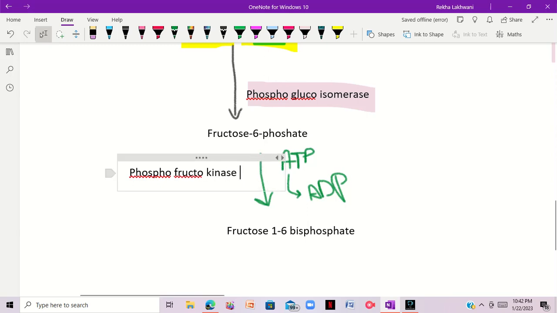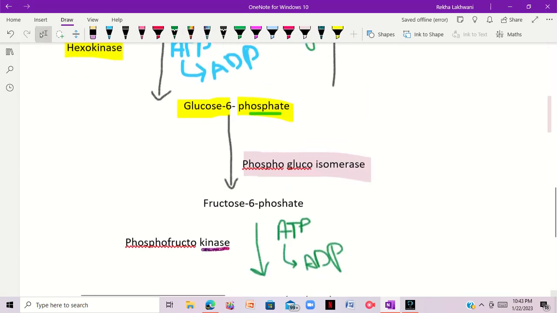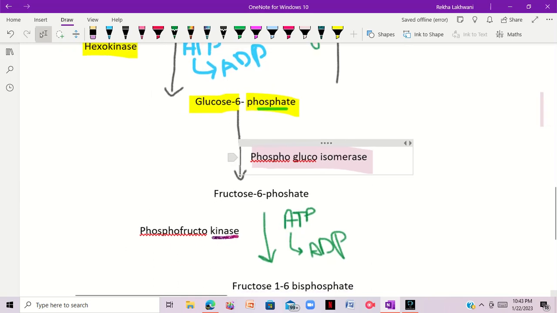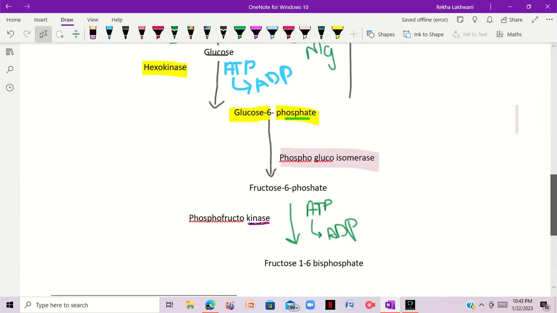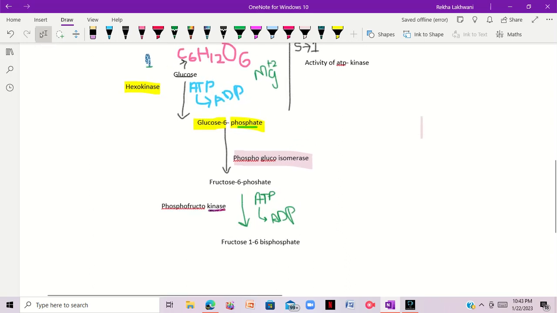As I said, when there is an activity of ATP, we use the word kinase, right? So now this fructose 6-phosphate is converted into fructose 1,6 bisphosphate. Now actually there is a twist. This all was the preparatory, or you can say the investment phase.